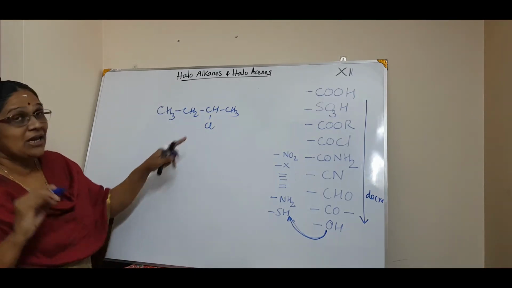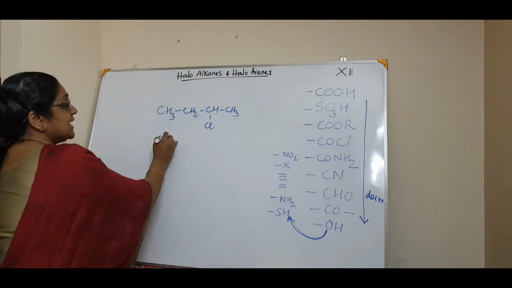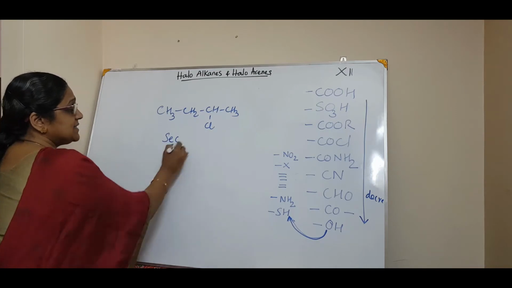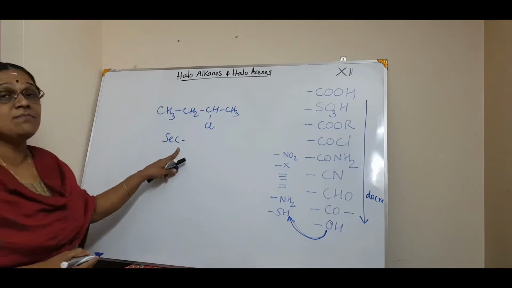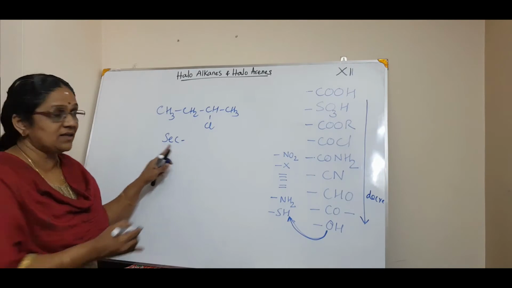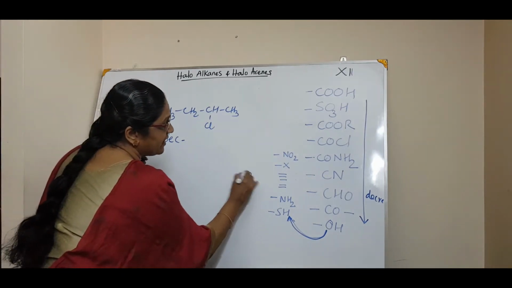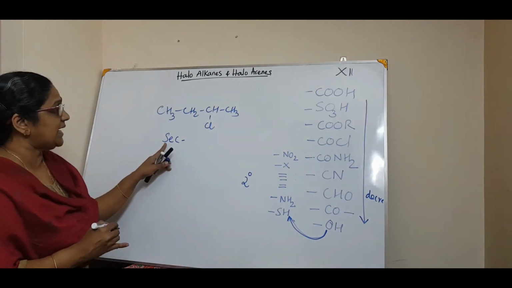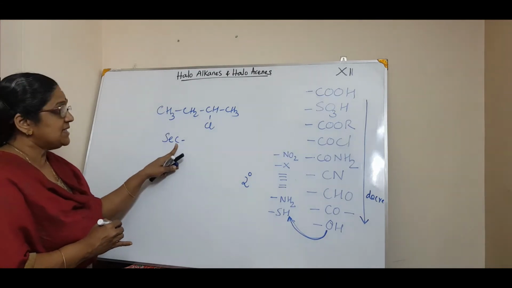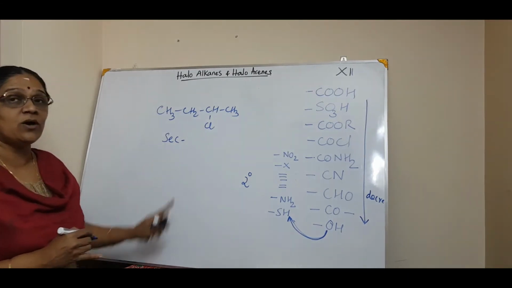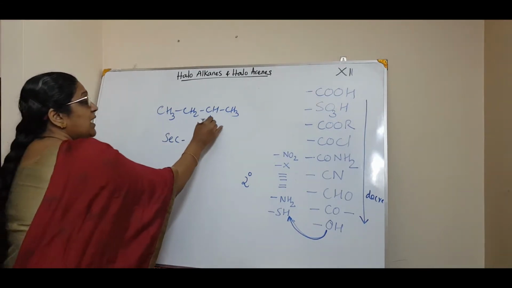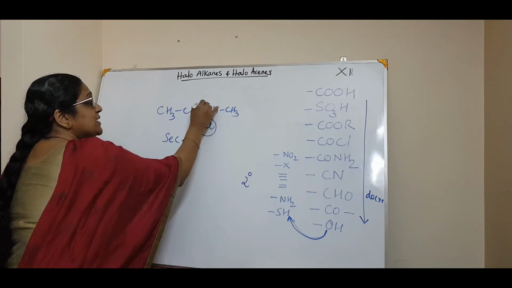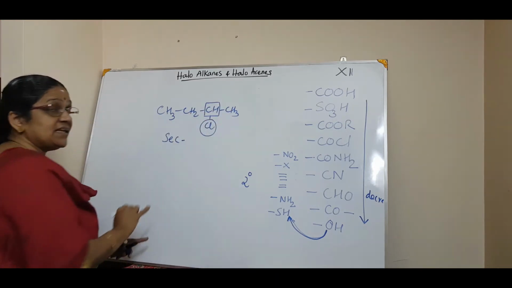So in your textbook, it is given as sec. SEC means secondary. Sometimes we say it like that. Why secondary? The chlorine atom is attached to a secondary carbon atom, isn't it?